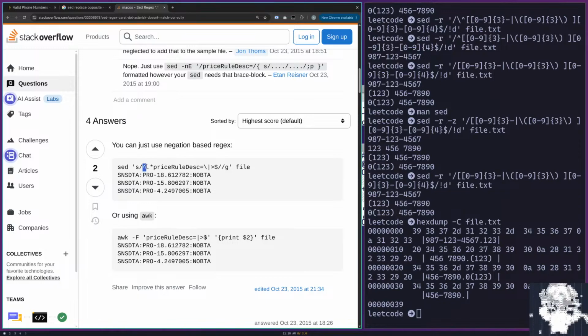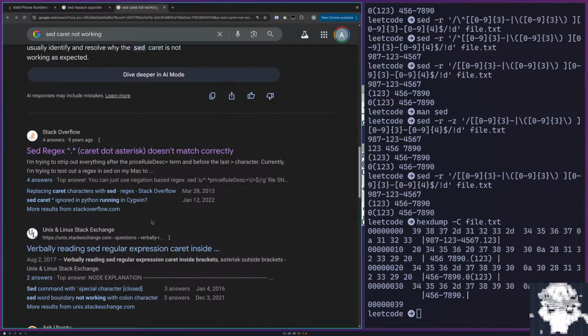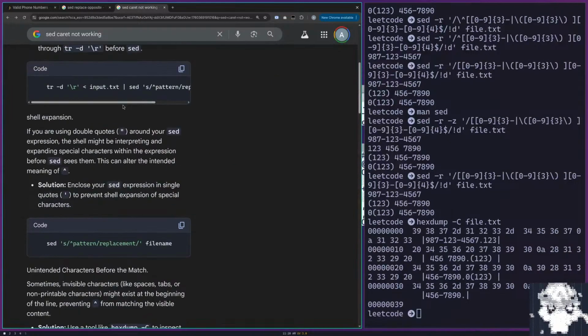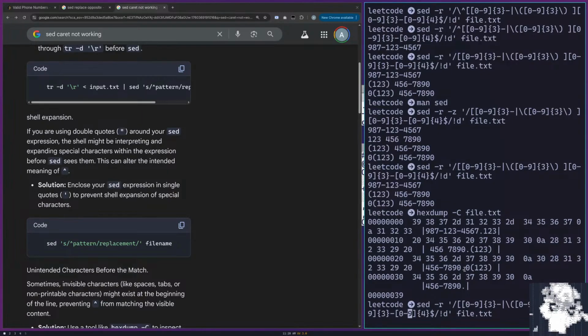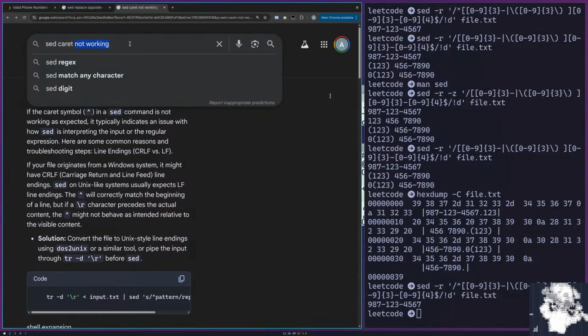So I don't know. Why is this thwarting me? The problem is the caret is only working once.